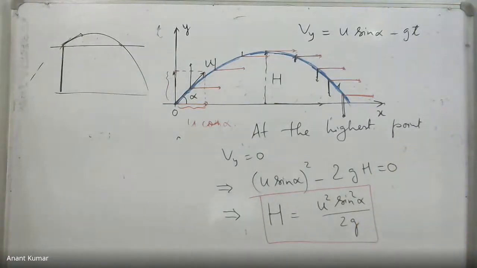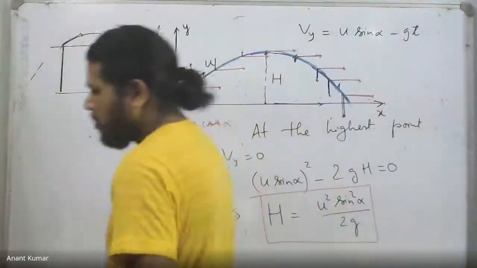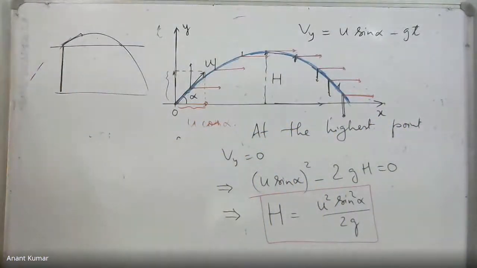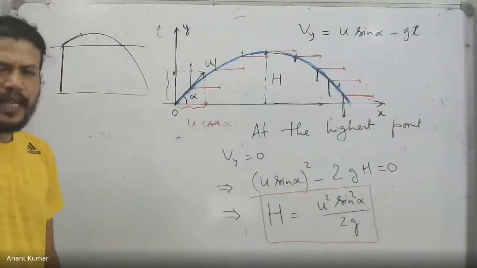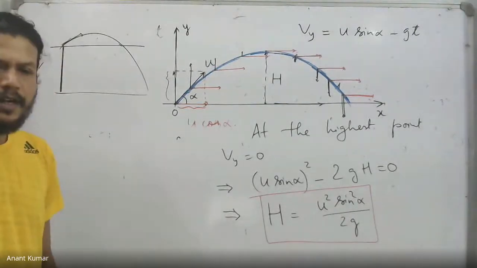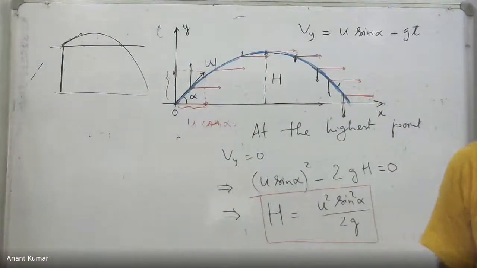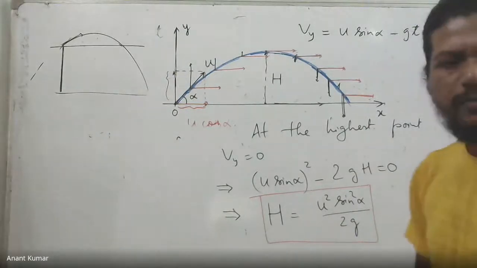But for horizontal range, the range is nothing but the displacement along the x-axis by the time the particle returns back to the ground.